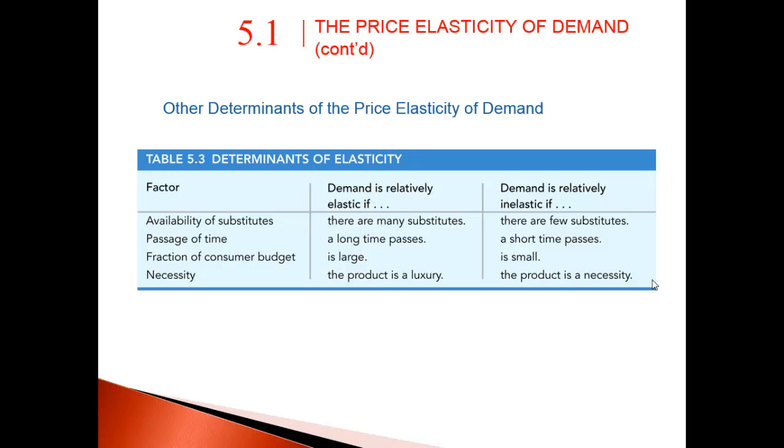Fraction of a consumer budget, essentially that's how much each good represents as a portion of your budget. So the larger it is, the more elastic you are, and the smaller it is, the more inelastic. Let me give you a good example of this.